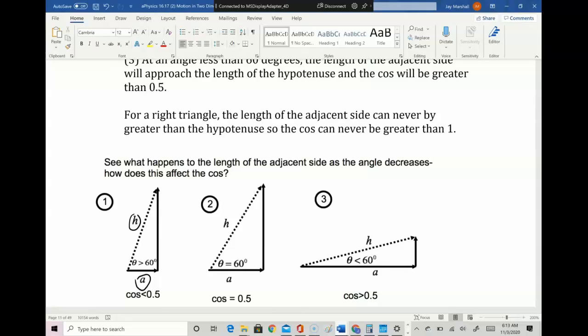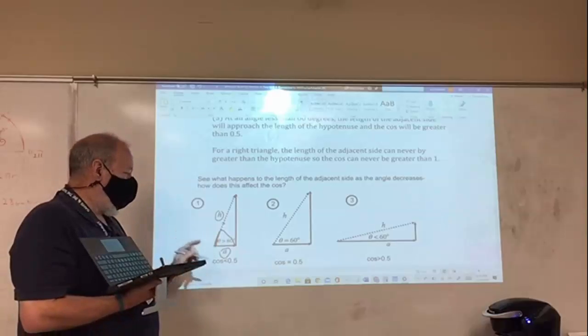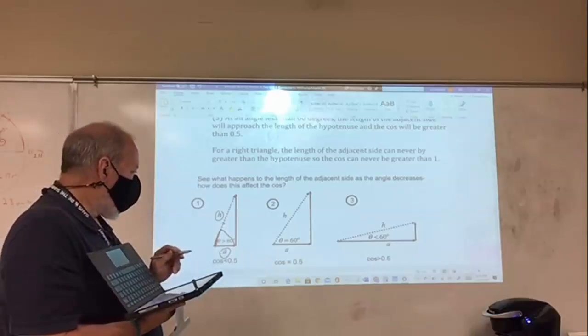Okay, so if I've got the adjacent side here and I've got an angle greater than 60 degrees, the adjacent side will be less than half of the length of the hypotenuse. Okay, you can agree that this is less than half of the hypotenuse, right? So for an angle greater than 60 degrees, my cosine will be less than half.